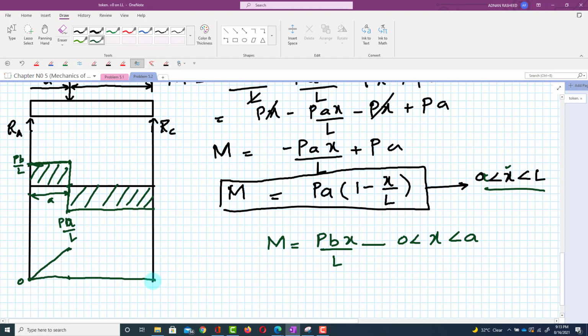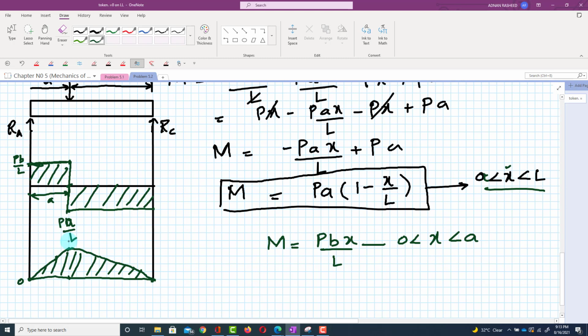So at this point the bending moment will also be 0, and as this is a straight line, you can easily join them. So this will be your bending moment diagram.